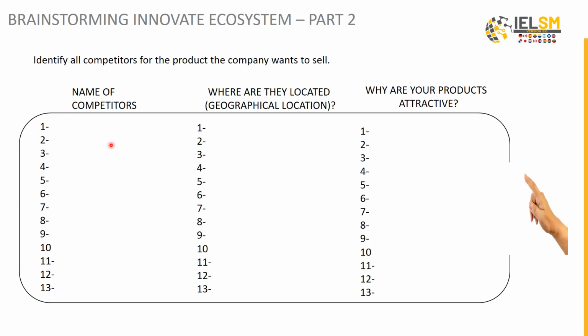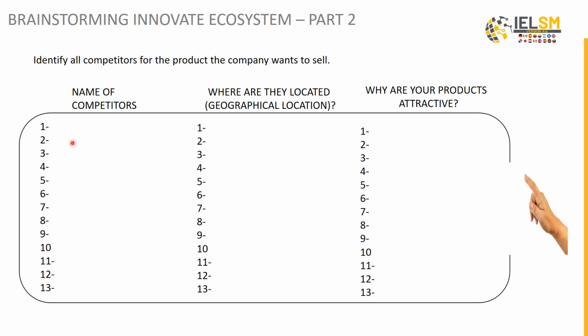The other activity was the brainstorming of ecosystem part number 2, and the students should have completed this slide. In this slide, the objective was to identify the competitors for the product and the company.